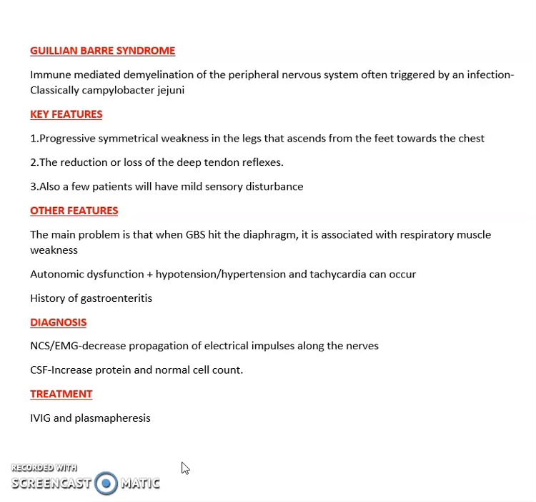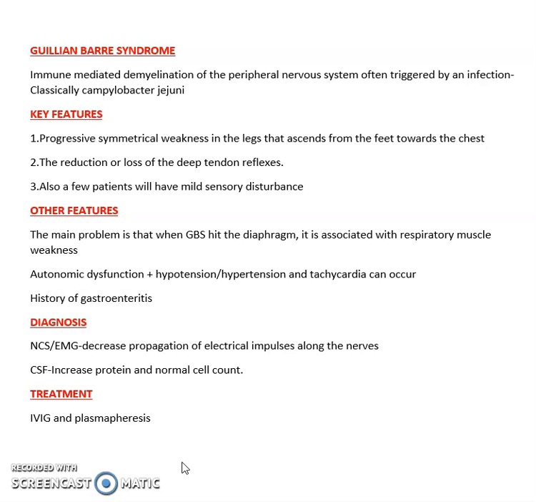Guillain-Barre syndrome. Now, when you have your questions in the exam, one of the major things that gives out the diagnosis as Guillain-Barre syndrome is when a patient has progressive symmetrical weakness of the lower limbs or legs, which ascends towards the chest.